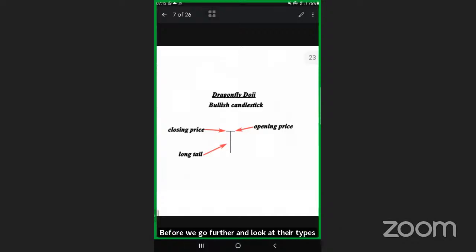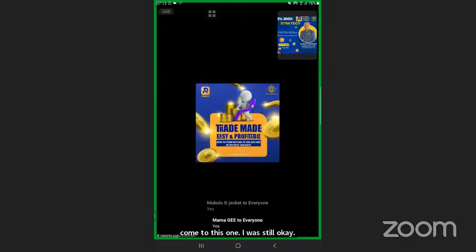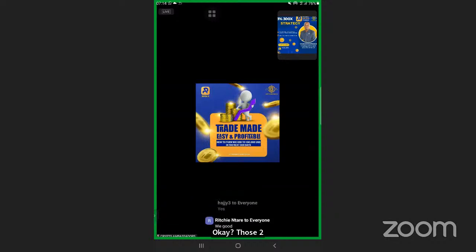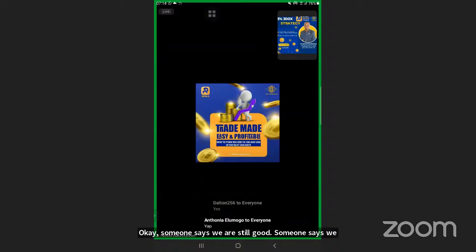I was just finalizing on the issue of a doji as a candlestick pattern. Equality and indecision, those two. Okay, someone says we are still good. We are good.